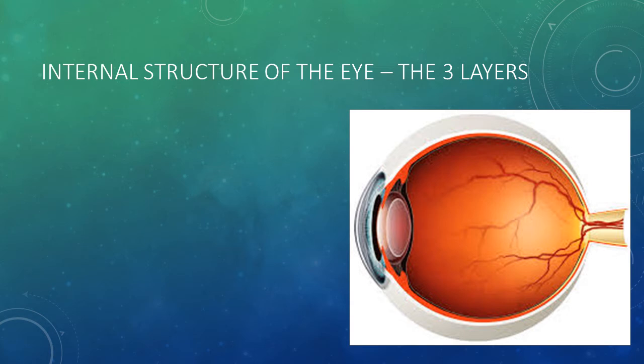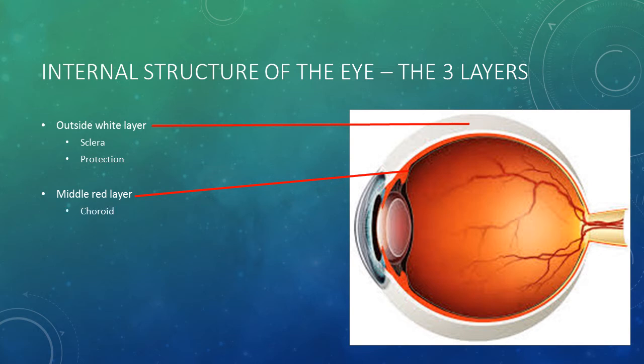Then we continue on to the 3 layers, because you can see besides the opening of the eye there is much more. First we start with the outside, the white layer, which is the sclera. The sclera is not as hard as the cornea, but still very, very sturdy. It's for protection. Then we go to the middle layer, which is the choroid.